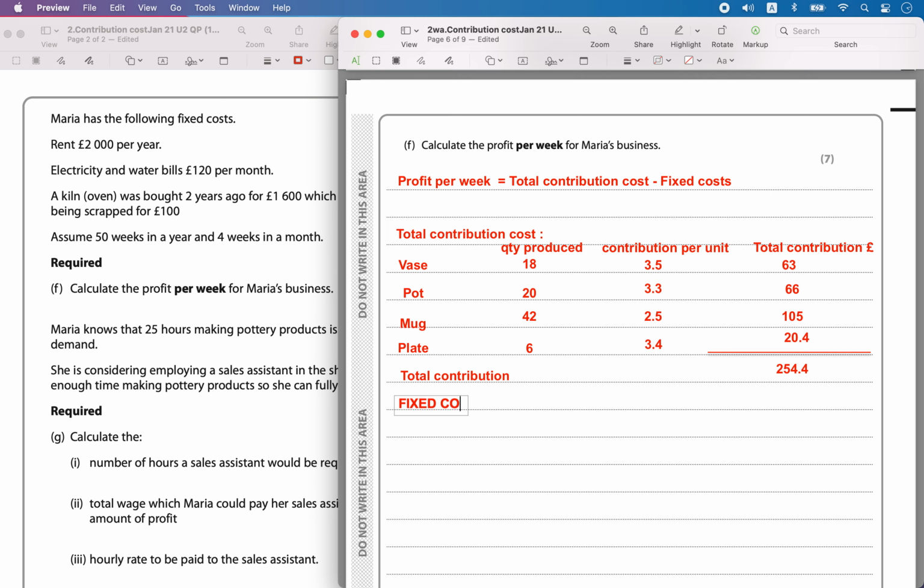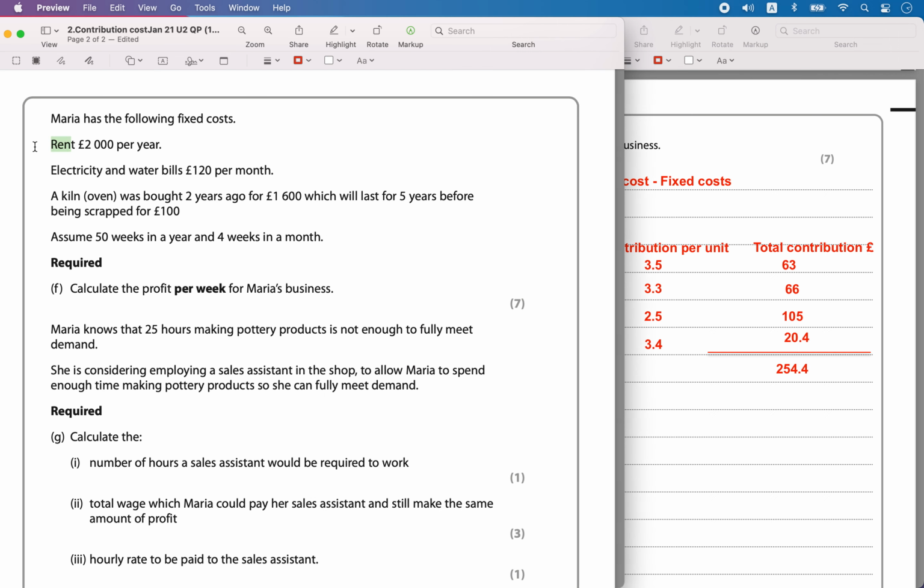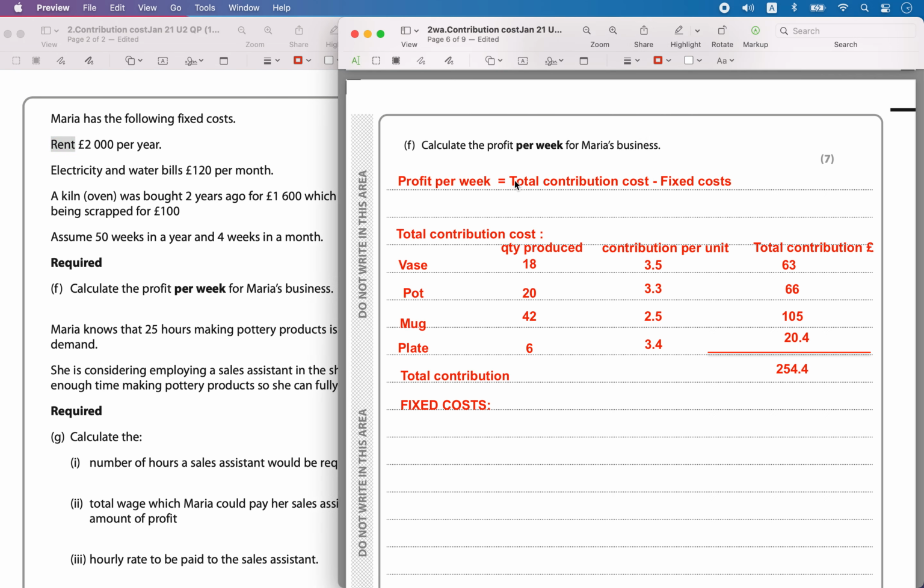So what are the fixed costs? We have the rent. Okay, the rent is fixed for the entire year. So let's write it here. So the rental cost was 2000 pounds. Here we are calculating the profit per week, so the rent per week we have to calculate.